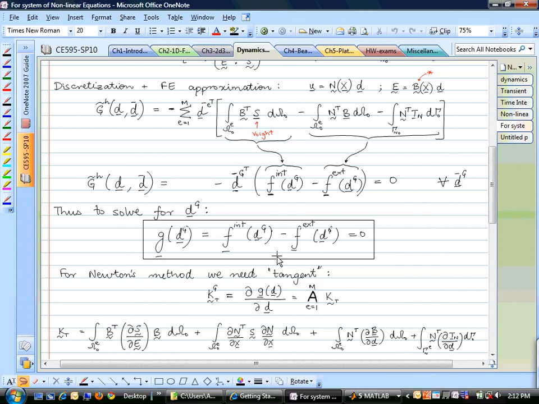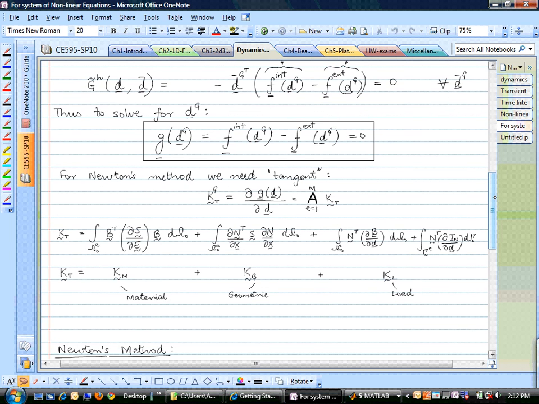In order to solve this set of vector equations, we solve them in a very similar way to the single degree of freedom problem that you just did. You calculate the tangent matrix, which is the derivative of this G with respect to D. And that in general is going to be a matrix. Because right now in your case, when you took the derivative of G, that was a scalar. It was a 1 cross 1 matrix. In general, when you have a vector equation, you are going to get a matrix for the derivative, for the tangent stiffness.